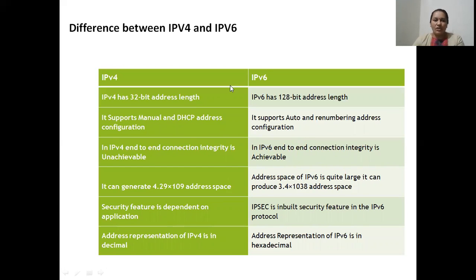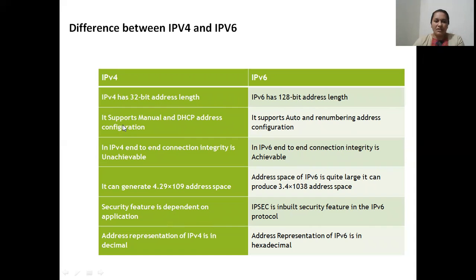Now let's see what are the differences between the IPv6 and IPv4 formats. The IPv4 version has a 32-bit address length. The source and destination addresses in IPv4 are 32 bits long, whereas in IPv6, the source and destination addresses are 128 bits long.